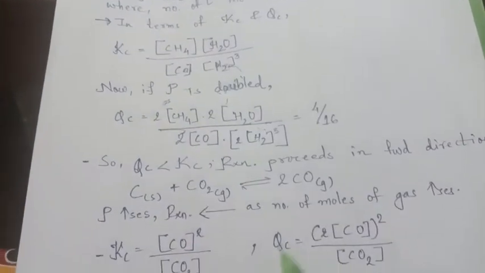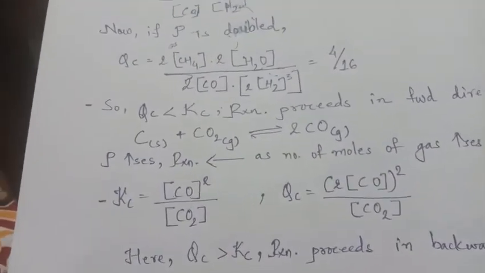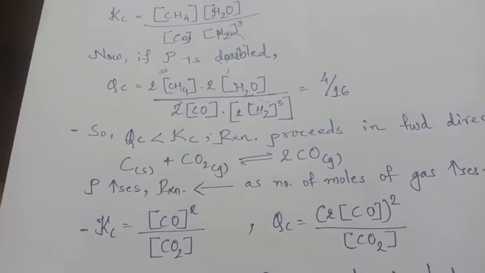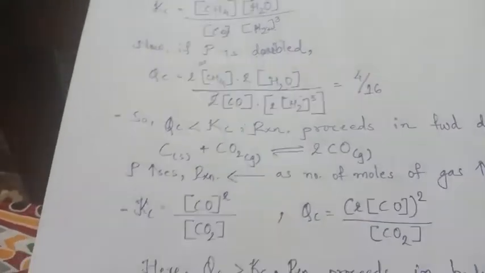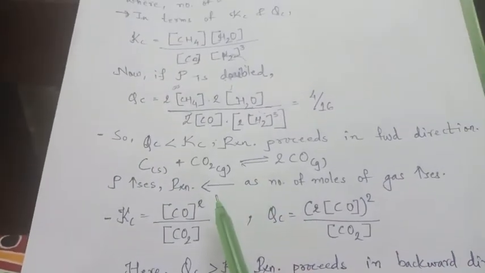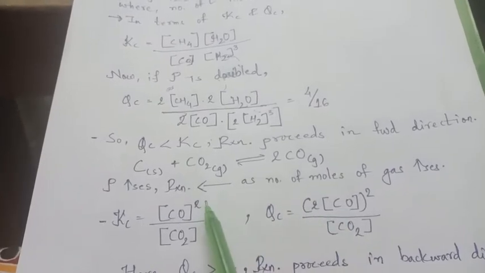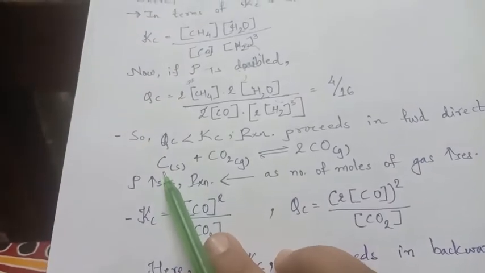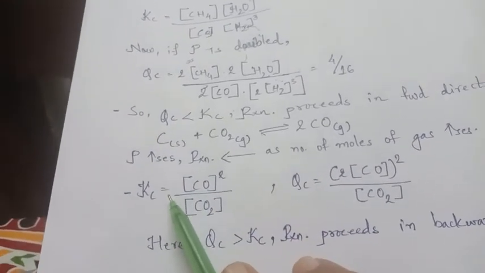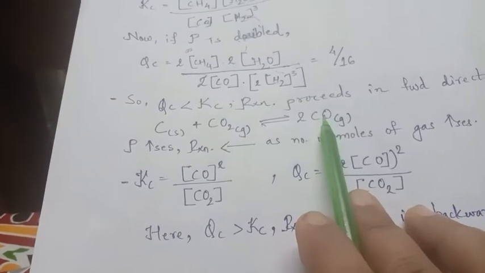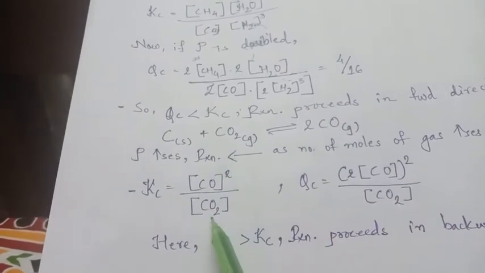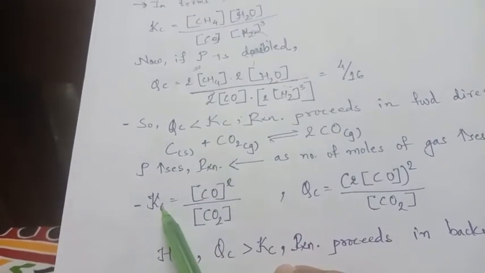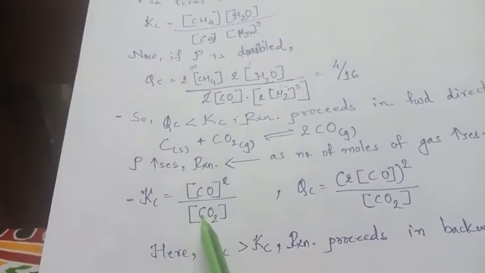to product. One more reaction: when carbon reacts with carbon dioxide, it will give carbon monoxide. Here pressure increases, the reaction will be in the backward direction as the number of moles of gases increases, right? So here let us see, Kc is equal to CO raised to 2 upon CO2, because carbon is in solid form; for concentration in equilibrium, solid and liquid are not to be considered.